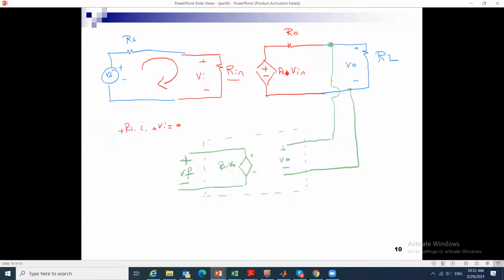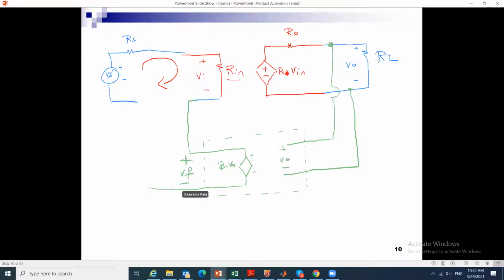Now, what we're going to do is break the loop or the connection, and make room for VF to be plugged into the loop in a way that it gets subtracted.